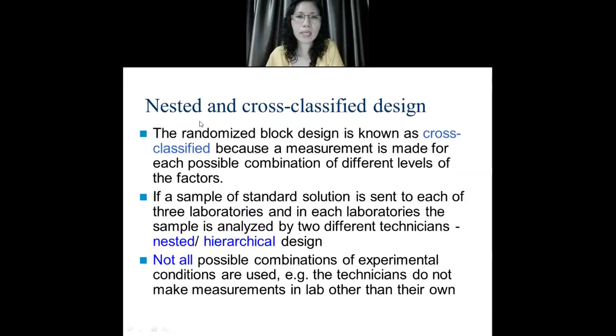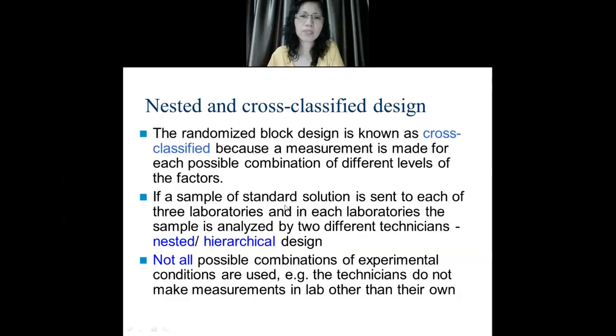Now, nested and cross-classified design. The randomized block design is known as cross-classified because a measurement is made for each possible combination of different levels of factors.